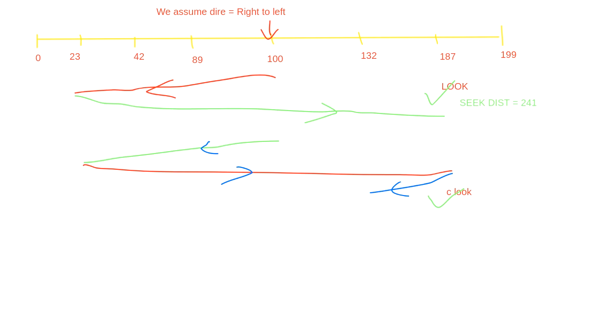How much seek distance now? 100 minus 23 plus 187 minus 23 plus 187 minus 132. Okay, so I get a different answer. Is it 269 or 296?